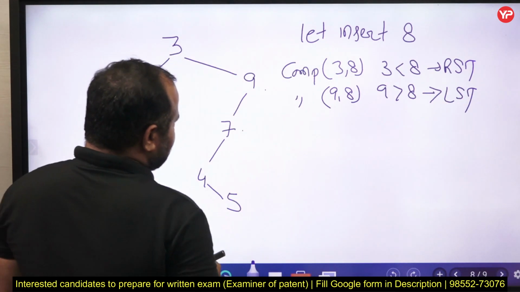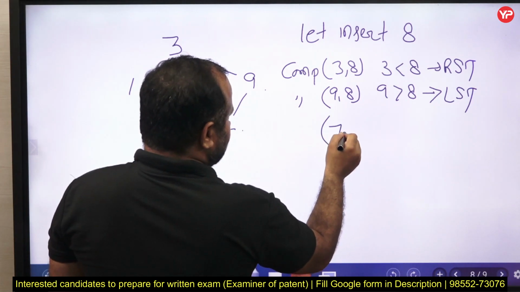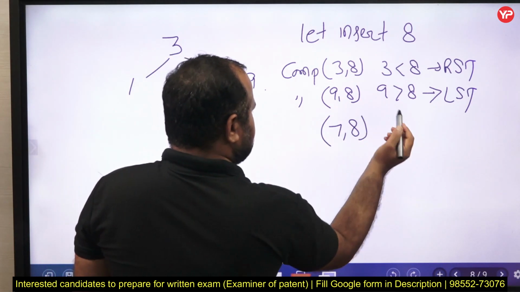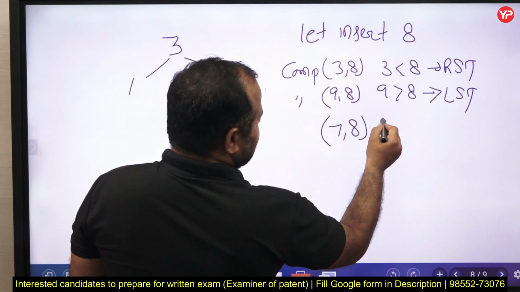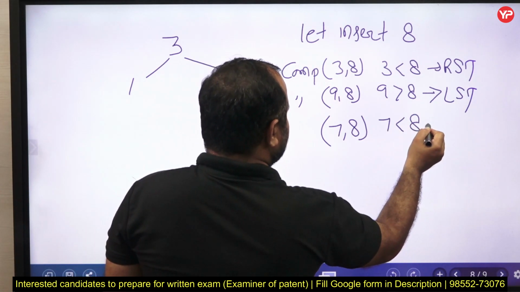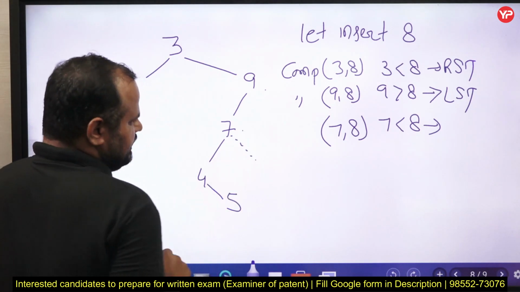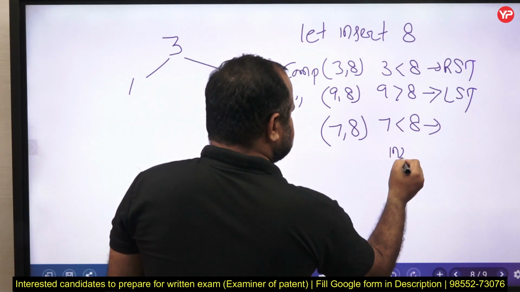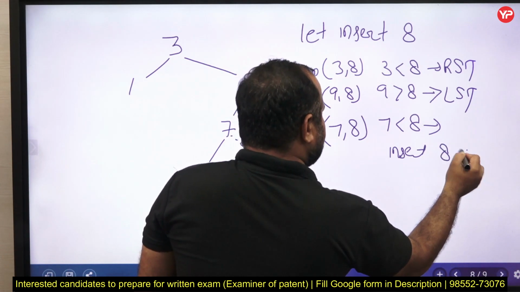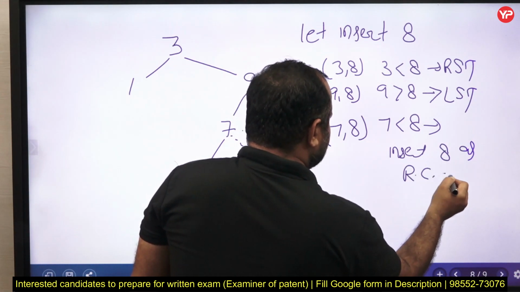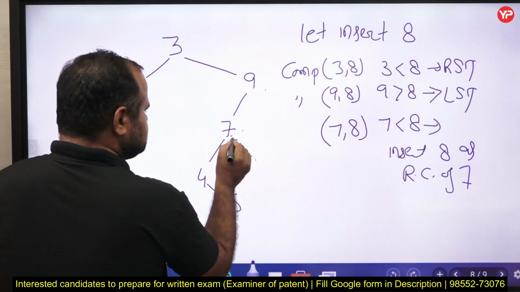Now you are at 7; compare 7 and 8. 7 is less than 8, so you have to insert here. Insert 8 as the right child of 7. So this is your answer.